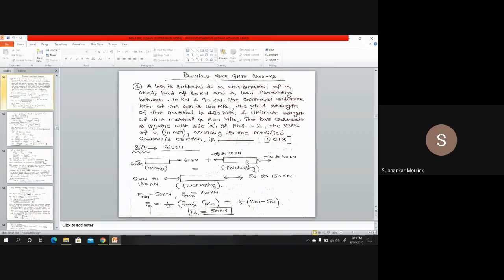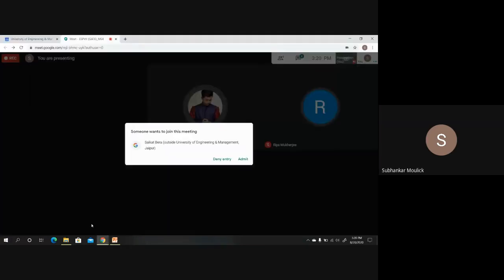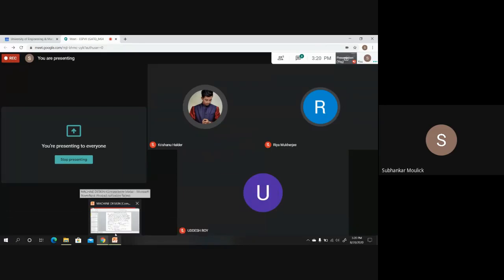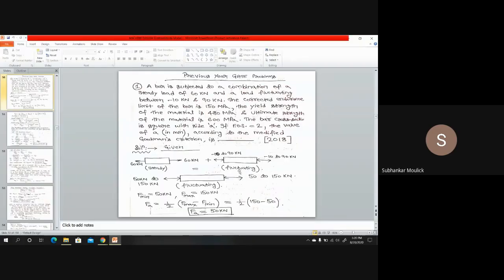Then I can say that the overall fluctuating load acting on this body will be 60 minus 10, that is 50 kilonewton on one side, and on the other side 60 plus 90, that is 150 kilonewton.